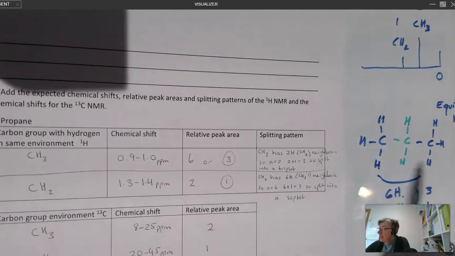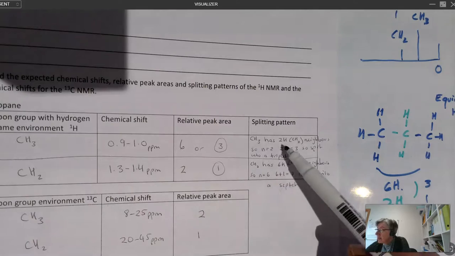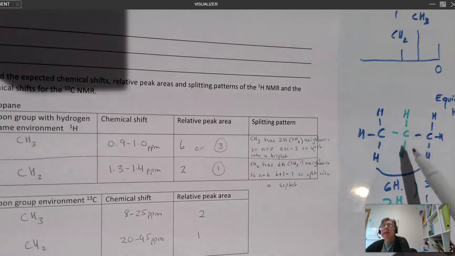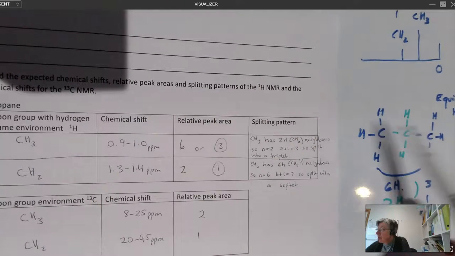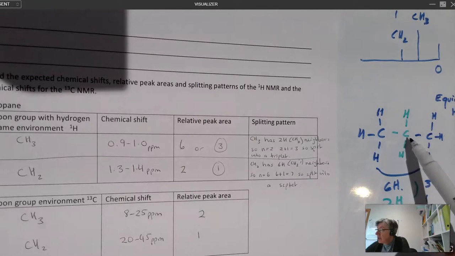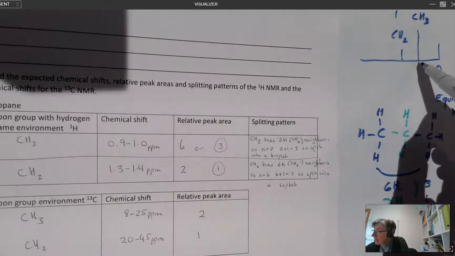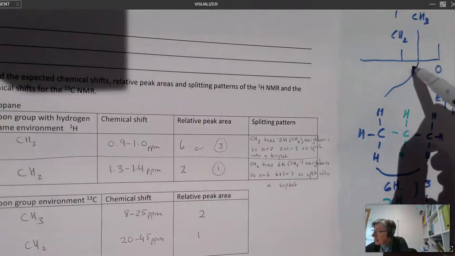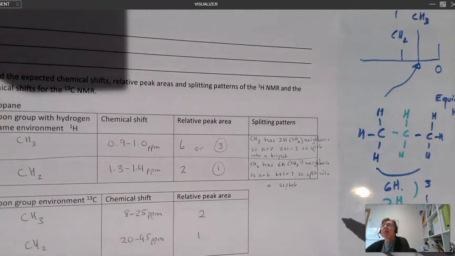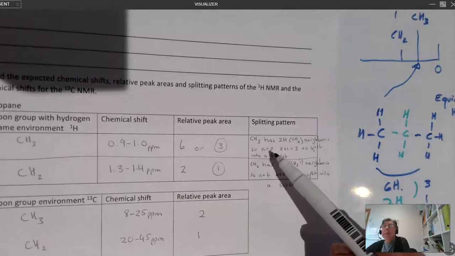So when we look at the splitting, these CH3s have 2 hydrogens as neighbours. So the CH2 is the neighbouring, the adjacent carbon to this. So this peak here, we're going to split it up because of these. Because it's got 2, we'll use N to represent how many hydrogens are on the neighbours.